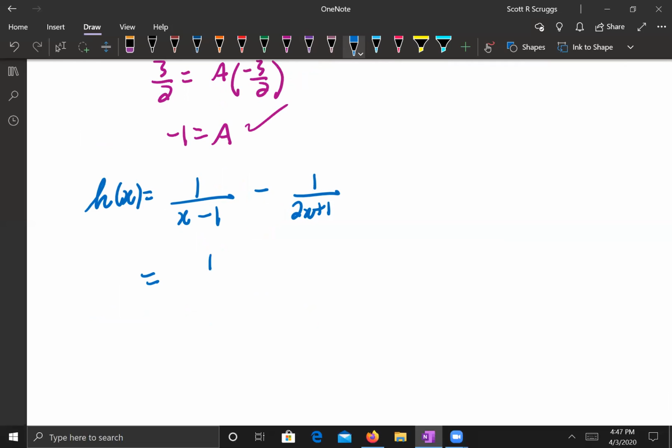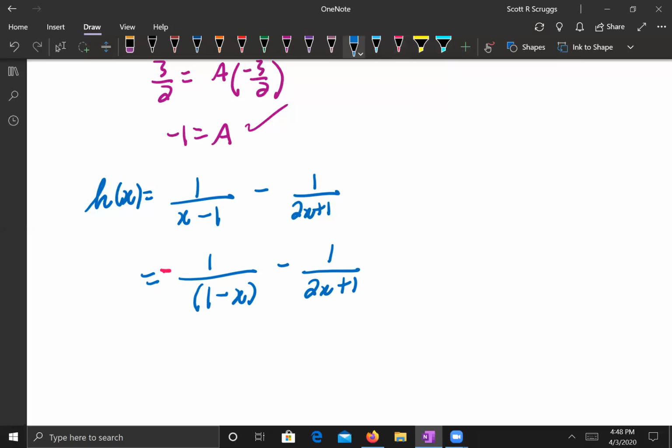I'm going to factor out a negative sign so I can rewrite negative 1 over 1 minus x, minus 1 over 2x plus 1. Well, that negative sign is just a coefficient, so I'll move that up to the front.